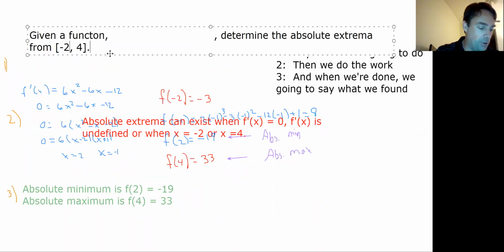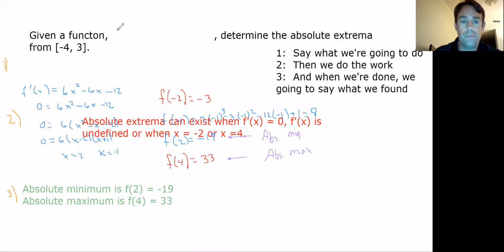So this time I'm going to give you a closed interval from -4 to 3. And the function I'm going to give you, let's try f of x equals x cubed plus 3x squared minus 9x minus 2.